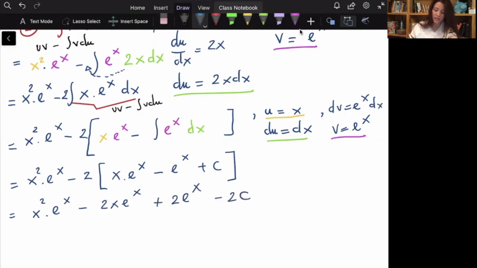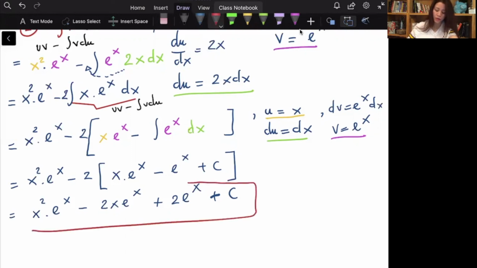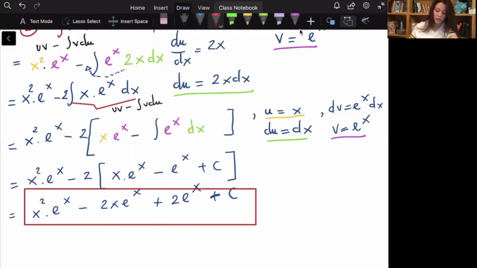Again, this is a constant, so you can replace it with just plus c again. We kind of abuse the constant a little bit, but it's just a constant. So here is our final answer. You may factor out the term e to the x if you want to. If your professor asks you, you may factor it out.